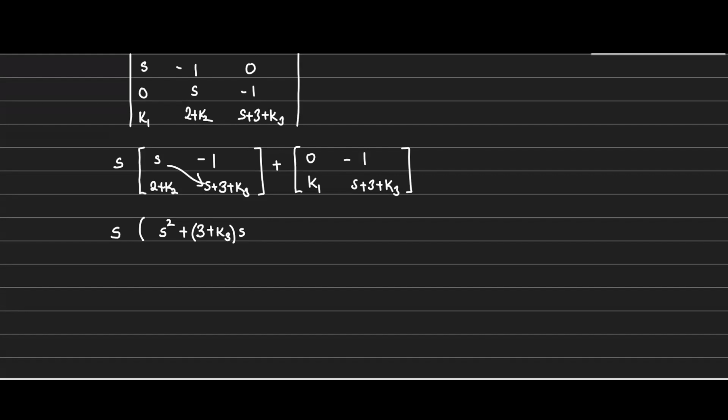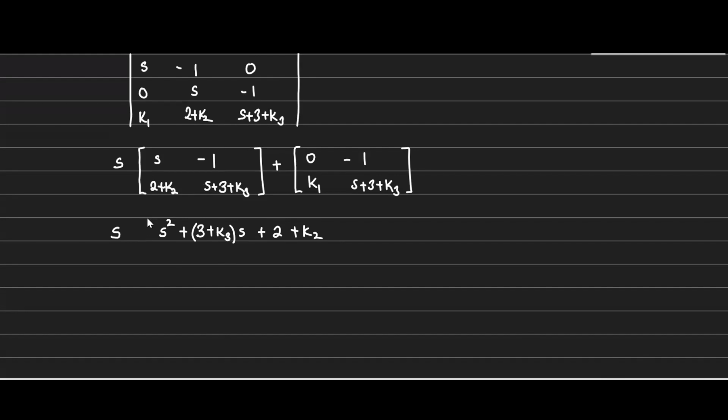And then minus the product of -1 by that. Since we have a minus there and another minus that is going to come here, this minus will be positive. That'll be plus 2 plus K2. I hope that is clear.